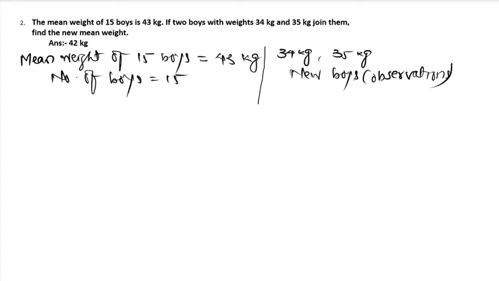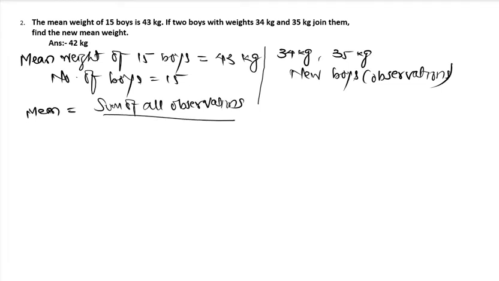Okay, now what is the formula for mean? Mean is equal to sum of all observations upon number of observations. We know that mean of 15 boys is 43 kgs.